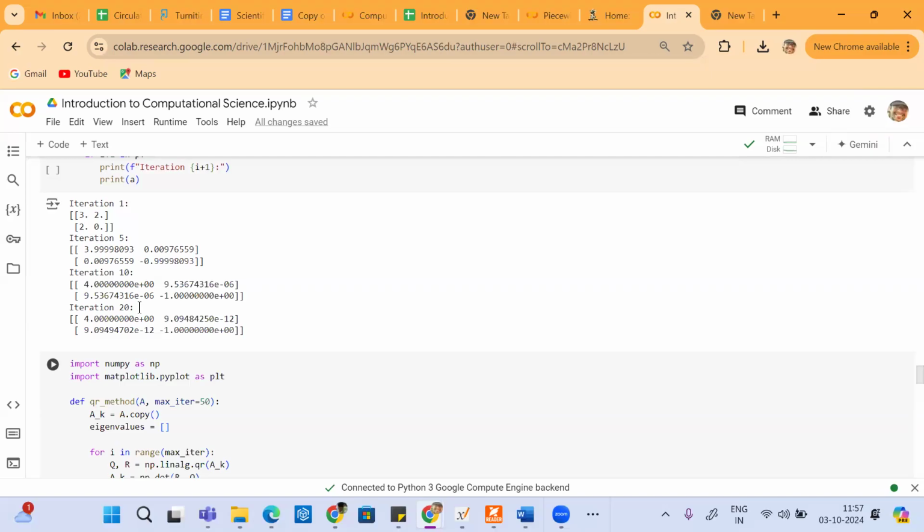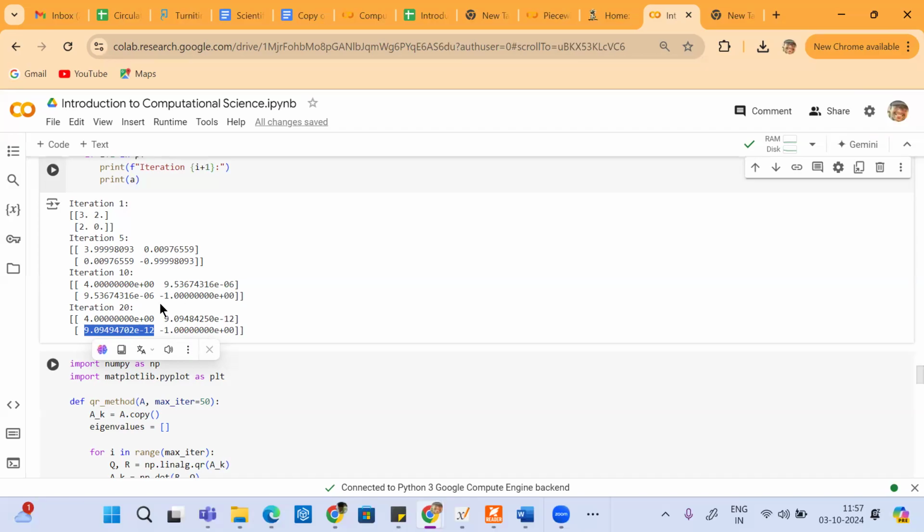You can observe that this entry is very tiny, isn't it? Iteration 20, this is even tinier, in the 10 to the minus 12 range. So this is very close to 0, isn't it? 10 to the minus 12, almost 0.